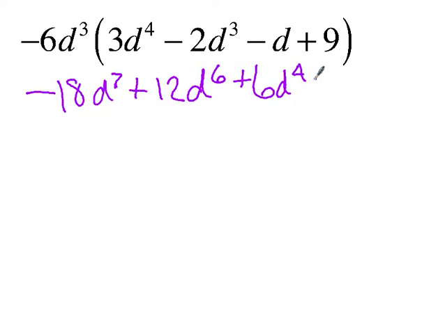So you should have negative 18d to the 7th plus 12d to the 6th plus 6d to the 4th minus 54d cubed. Okay, pretty straightforward.